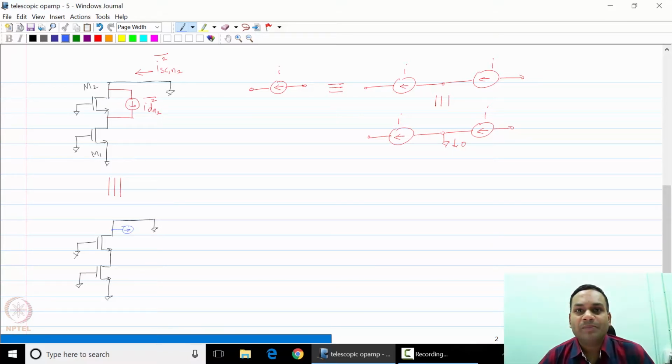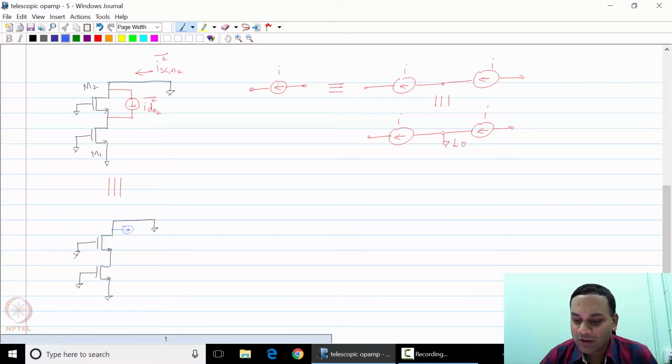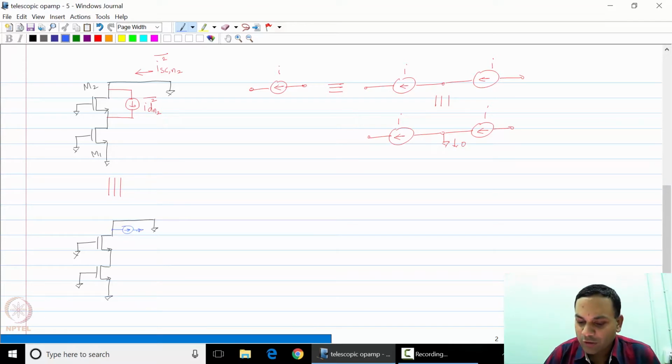The only difference being these two sources, red and blue, are going to be correlated noise sources. I'll call the blue one I1, and the current in red is flowing into the source of M2, and that will be called I2. And remember, this is equal to I1. I'm interested in finding the overall short circuit current.